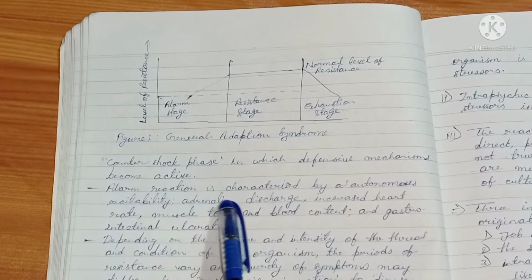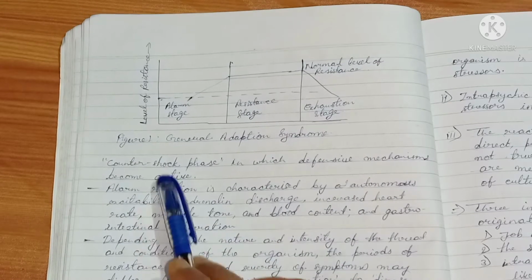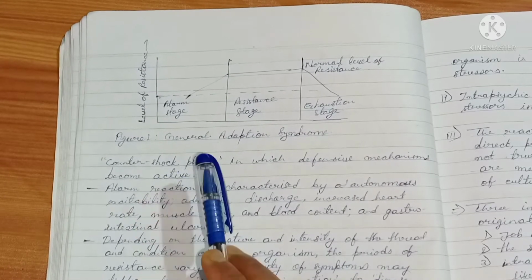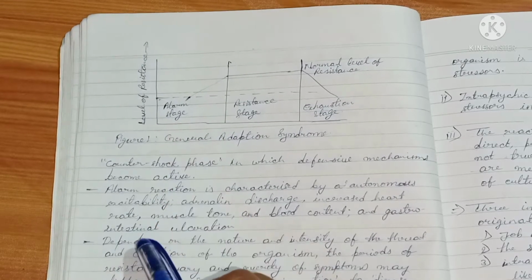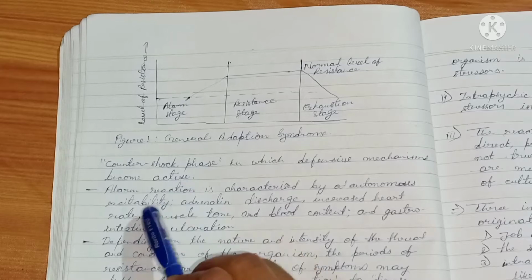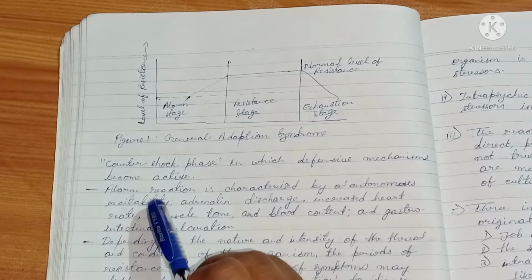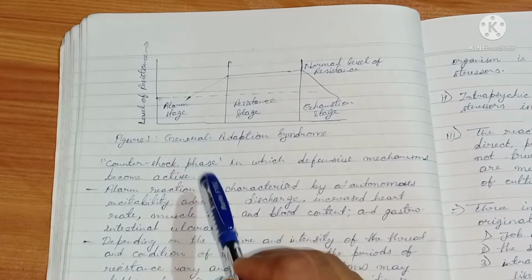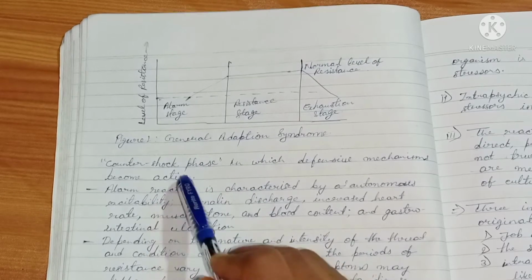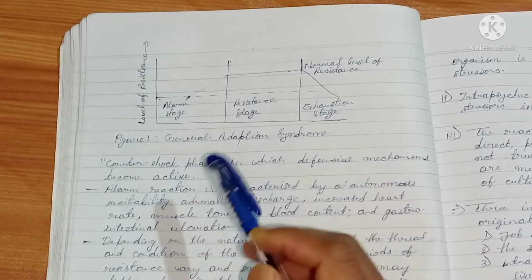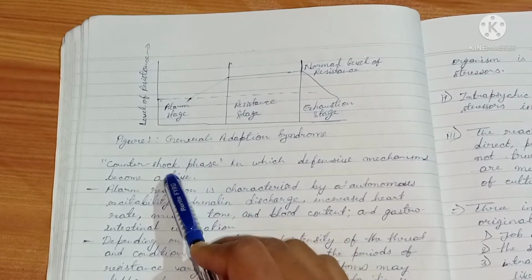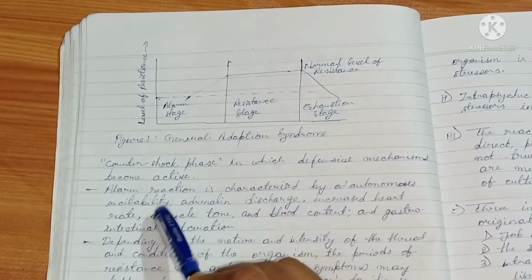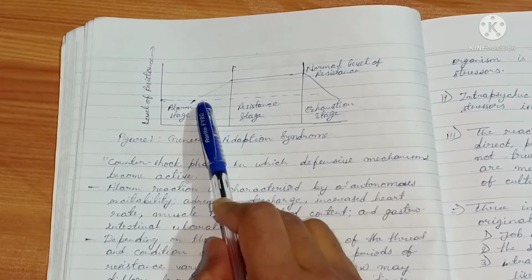Then it is given that the alarm reaction is characterized by autonomous excitability. So to be clear, the alarm stage means lower resistance with an initial shock and a counter shock phase. In response to the initial shock, there is the counter shock phase, in which defensive mechanisms become active.